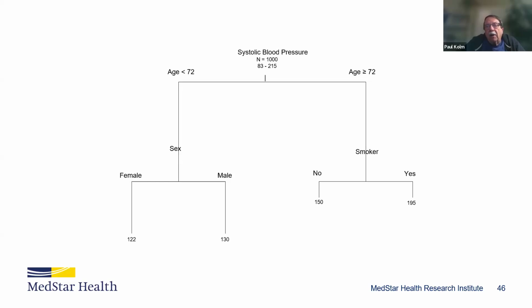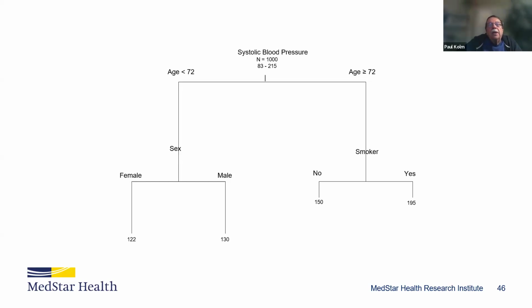As I mentioned, we might also want to look at the distribution of those as well. And then for less than 72, we might have a division based on sex, male or female. Again, at the bottom of the terminal nodes, we have the mean blood pressure for each group.